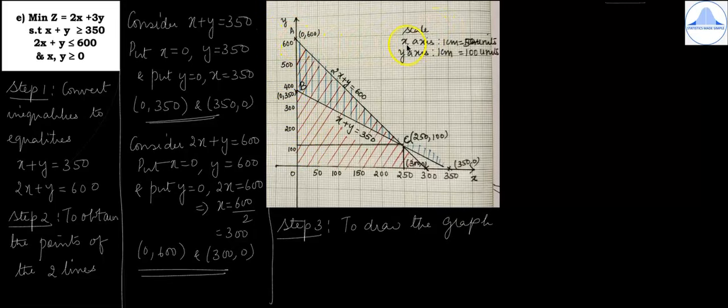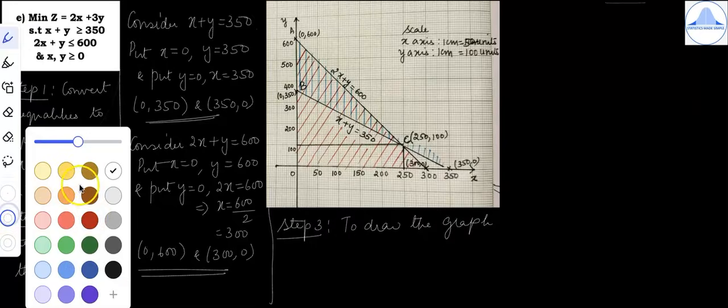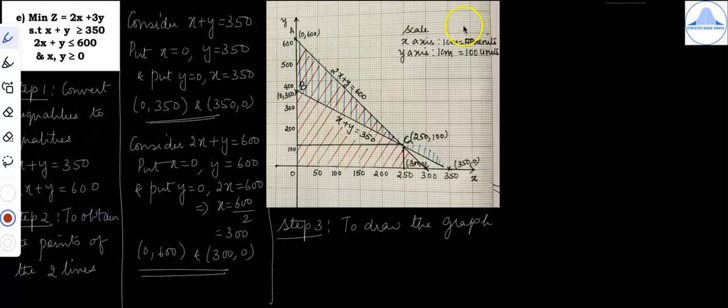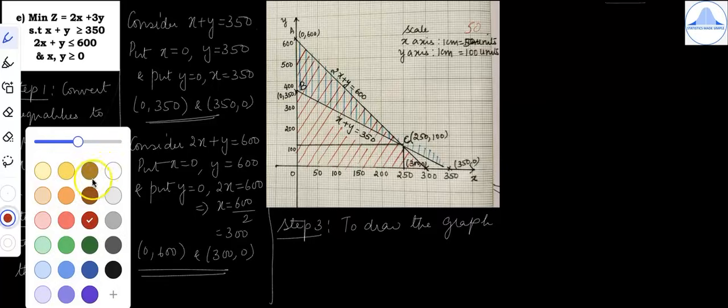For the scale, it's not clear over here, but actually I have taken 1 centimeter equal to 50 units for the x-axis, and for the y-axis 1 centimeter equal to 100 units.